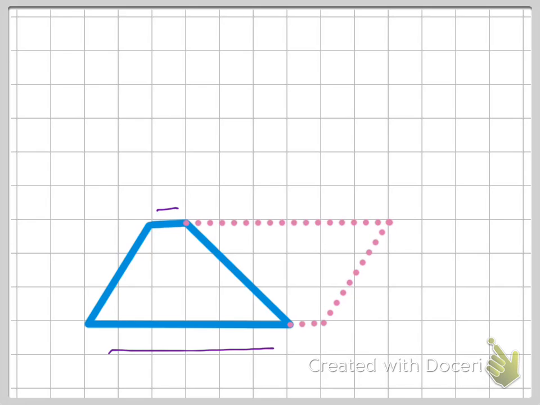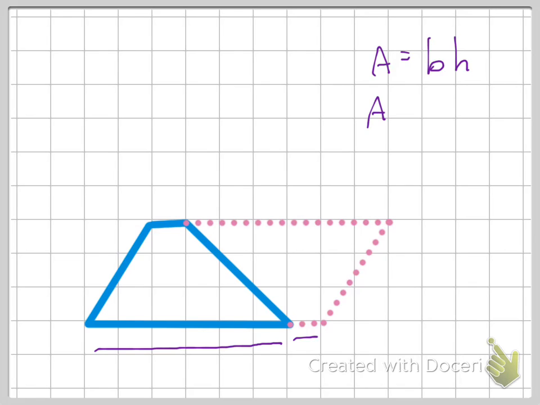We have a parallelogram. And what we can do now, of course, is find the area of this entire parallelogram using the formula area equals base times height. The base, again, is the entire base of the parallelogram, which is made up of 2 smaller bases of trapezoids. So we have a base of 6 and a base of 1.